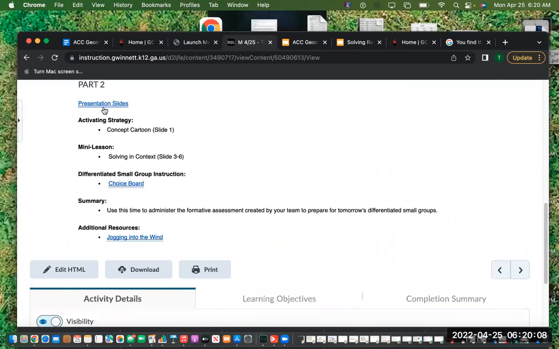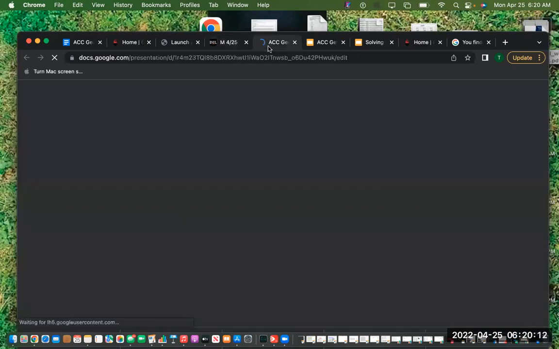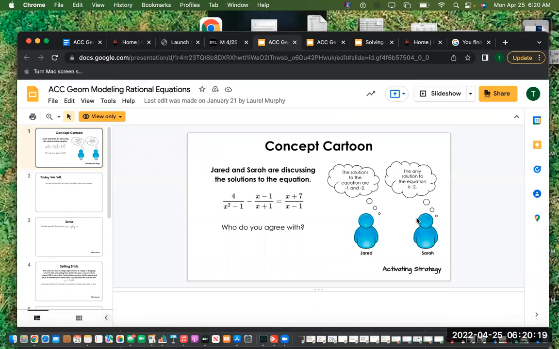Okay, so next part that we're going to look at, again, this might be a review for y'all. That's okay. I'm just trying to figure out where you're at. So, concept cartoon. Jared and Sarah are discussing the solutions to the equation. Jared says the solutions are -1 and -2. Sarah says the solution is -2. Who do you agree with?